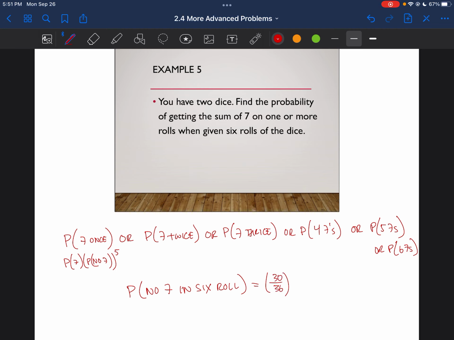So in 6 rolls, I have a no 7, no 7, no 7, no 7, no 7, no 7. So there's going to be 6 of these. I roll it 6 times, and out of all 6, I never get a 7.